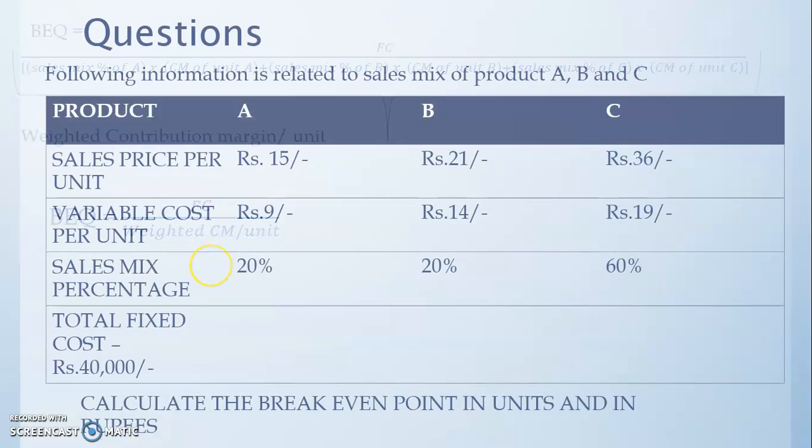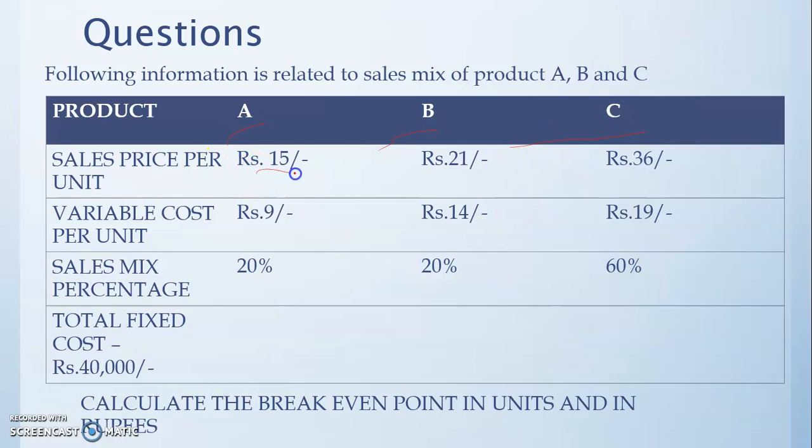Right? Now, we can understand this with a simple example given here. We have a company which has three products, product A, product B and product C. Now it is given that the selling price of A is 15, the selling price of B is 21, the selling price of C is 36.